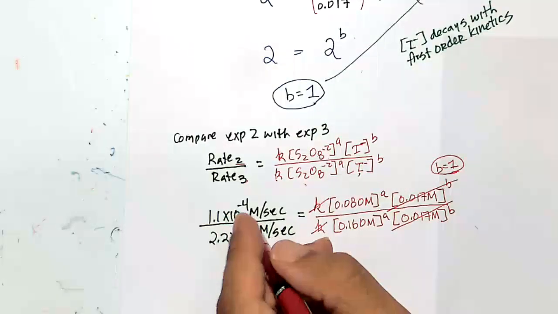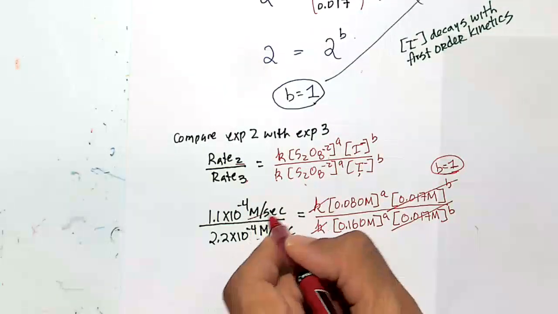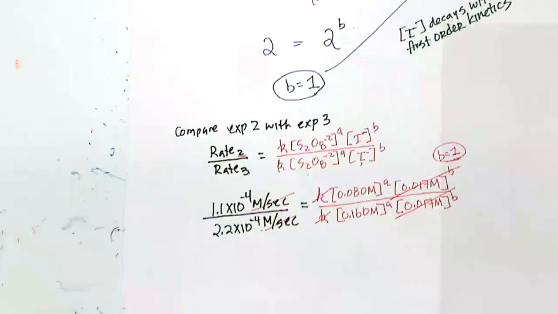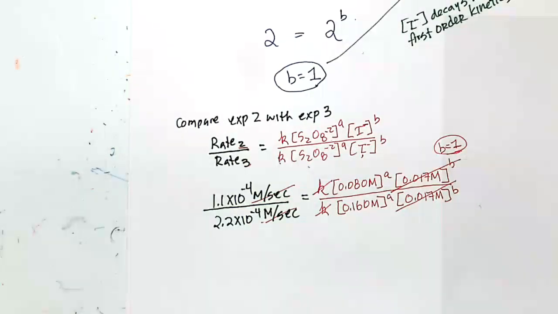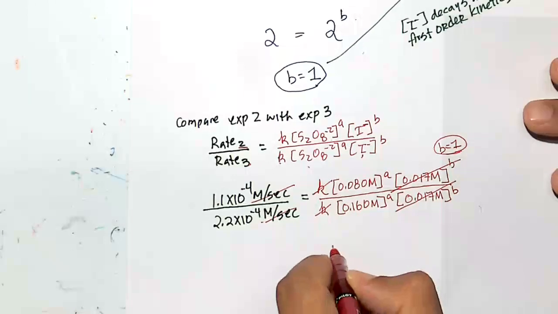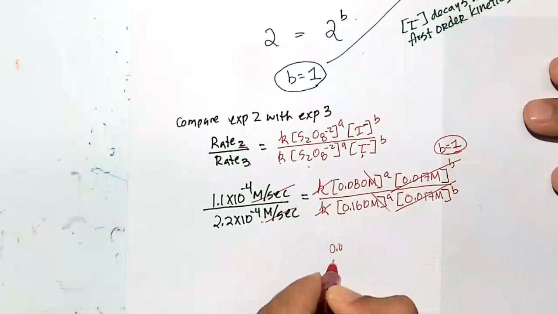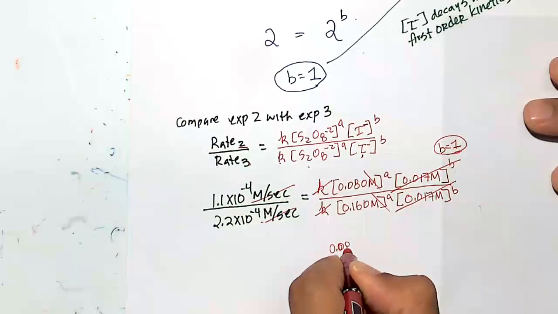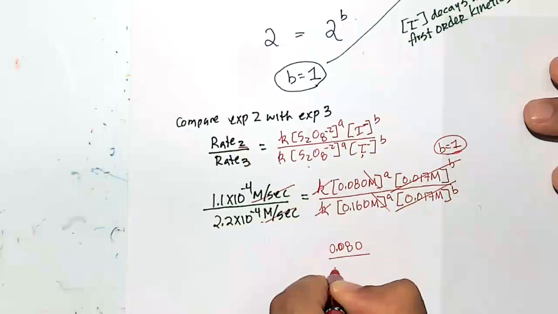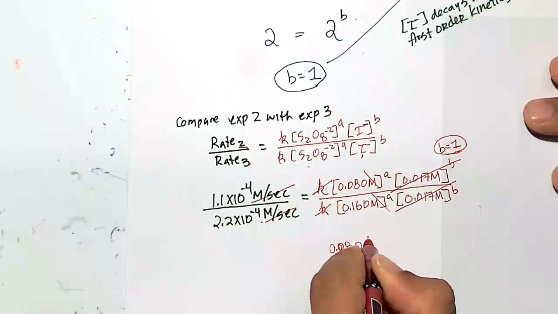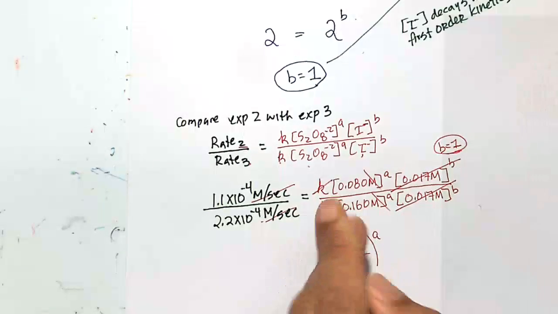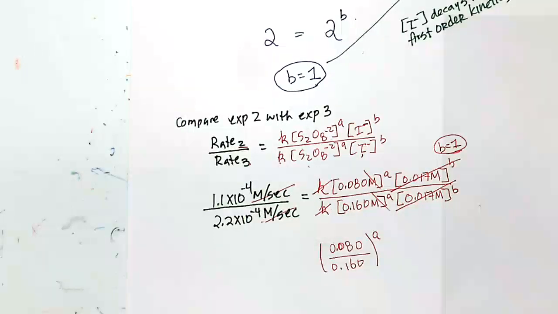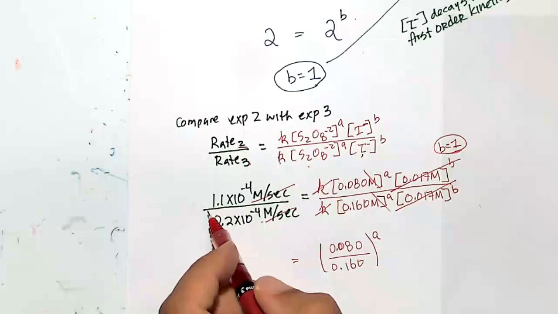The K's cancel, we can calculate them later. The units cancel, so I'm going to group out the exponent A, making it common across the whole fraction.